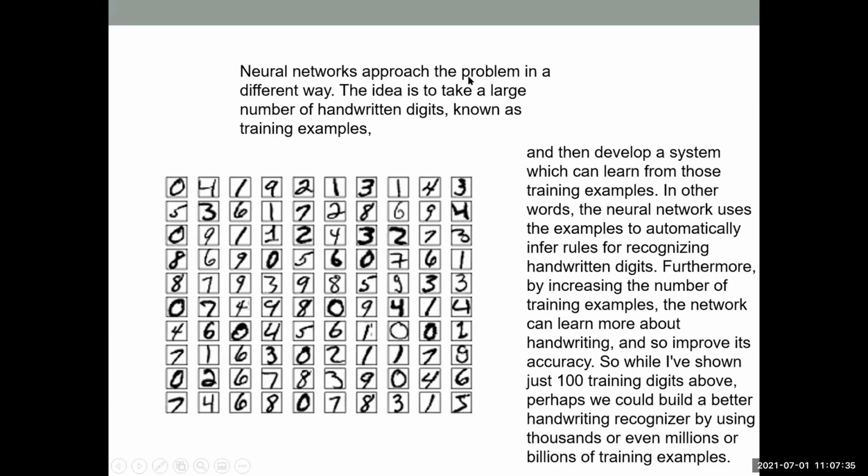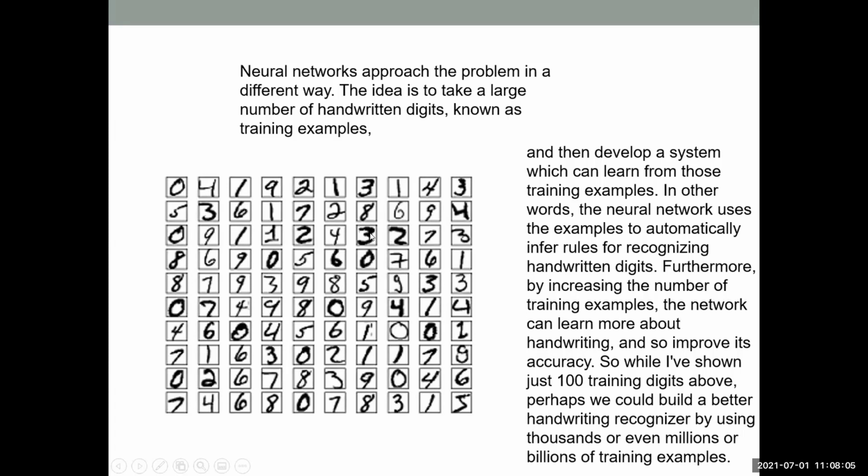Neural networks approach the problem in a different way. The idea is to take a large number of handwritten digits like this, hopefully like 50,000 or 100,000 examples. Here we have maybe 100 different handwritten digits.